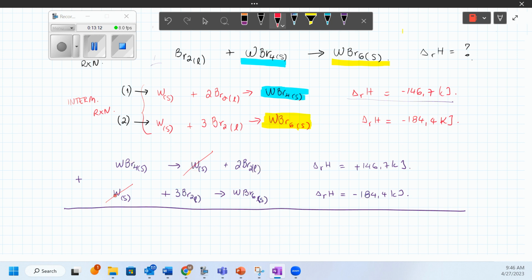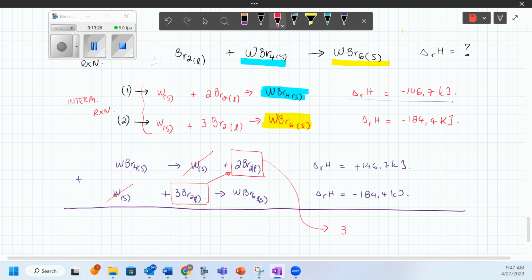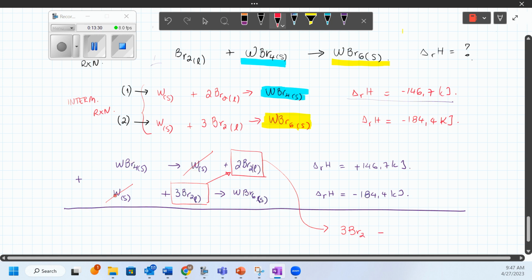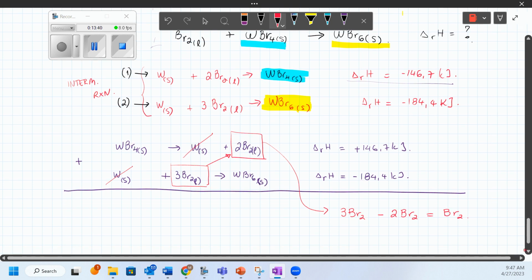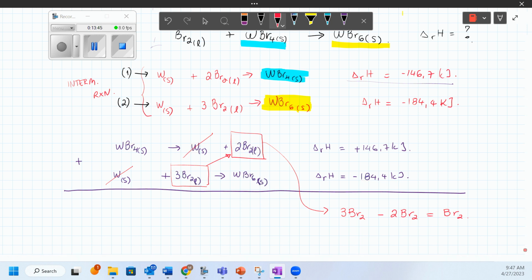On the other hand, what we have is 3 bromine on the reactant side and 2 bromine on the product side. So in this case, we have 3 bromine minus 2 bromine, which will give us 1 bromine, correct? So since they are on two different sides, 1 bromine on the reactant side.